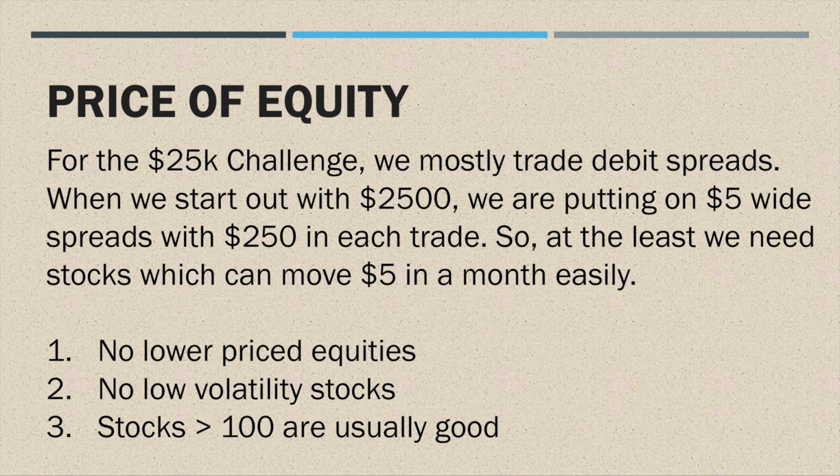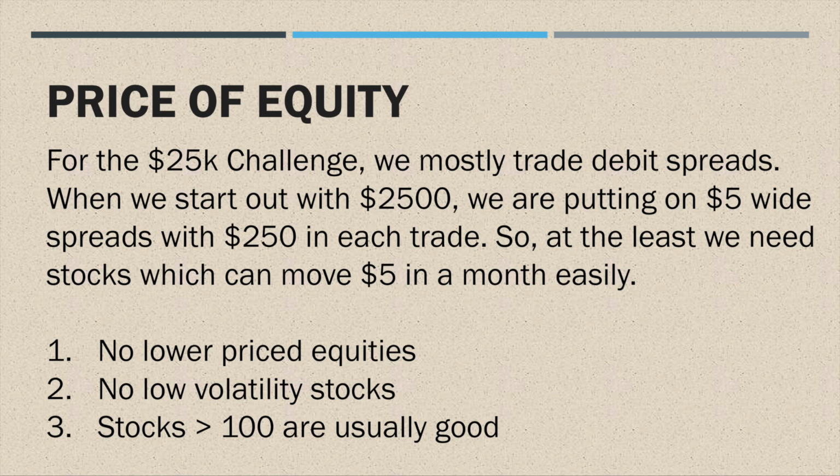You can do credit spreads, but the problem is, from my experience, you need an account of at least $15,000 to $20,000 to use credit spreads effectively. Since we have such a small amount in our account, which is $2,500, the only thing that really works for us is doing debit spreads.